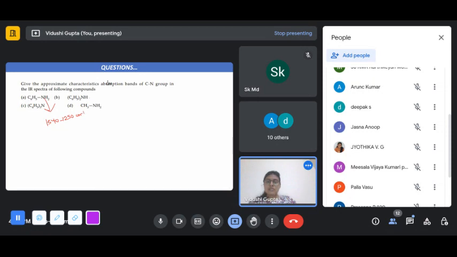So now here it's diphenyl amine. It's a secondary amine. So here, what will be the value of the CN group? It's a secondary amine. It will be 1342 to 1280 centimeter inverse.